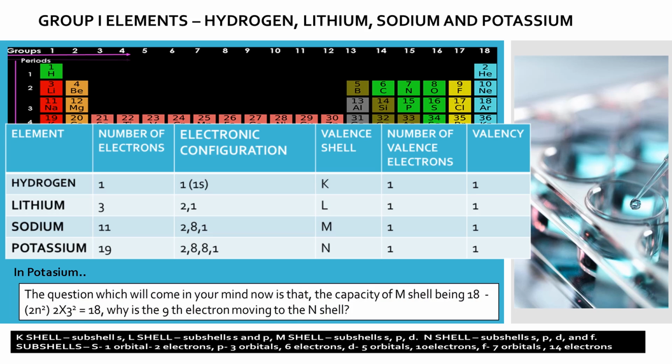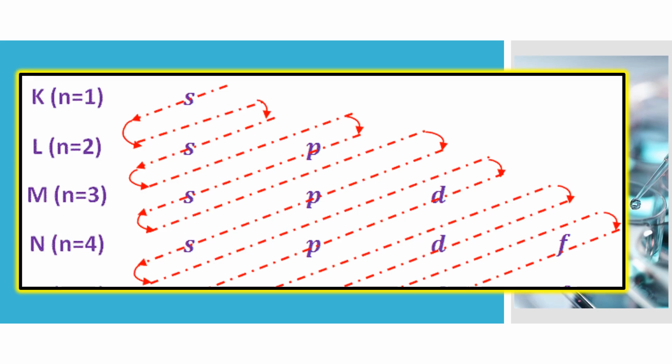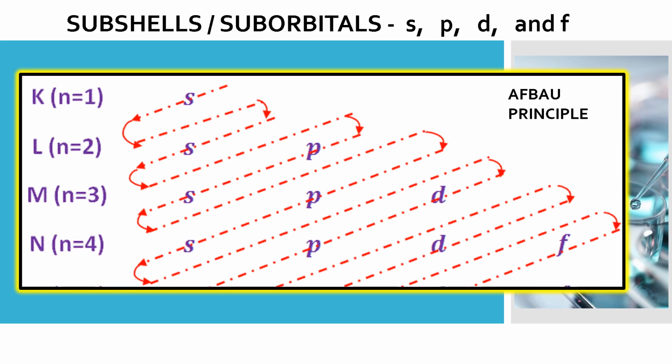So in order to clarify it, there is one more concept which you have to basically understand. As explained to you earlier about the energy level and the filling of electrons as per Aufbau principle in the subshells, the electrons are not strictly arranged according to the shells. It is arranged strictly according to the energy level of the subshells.